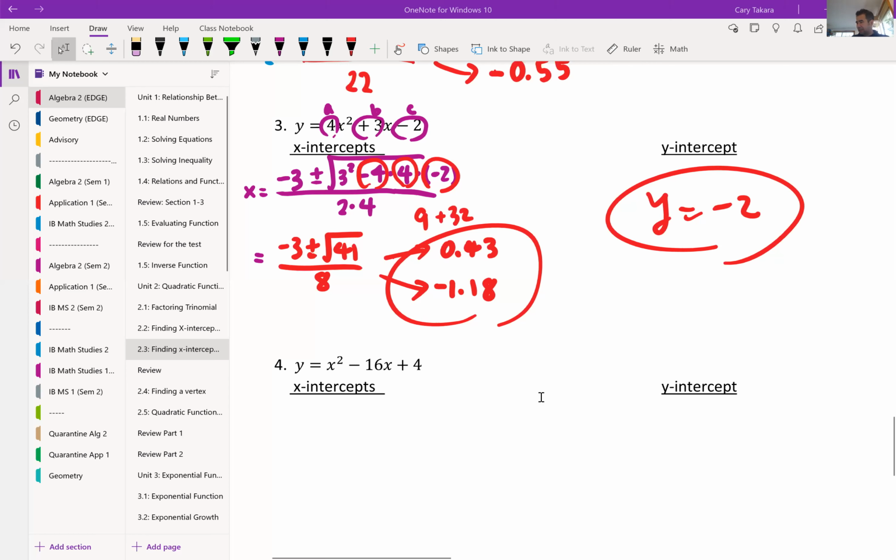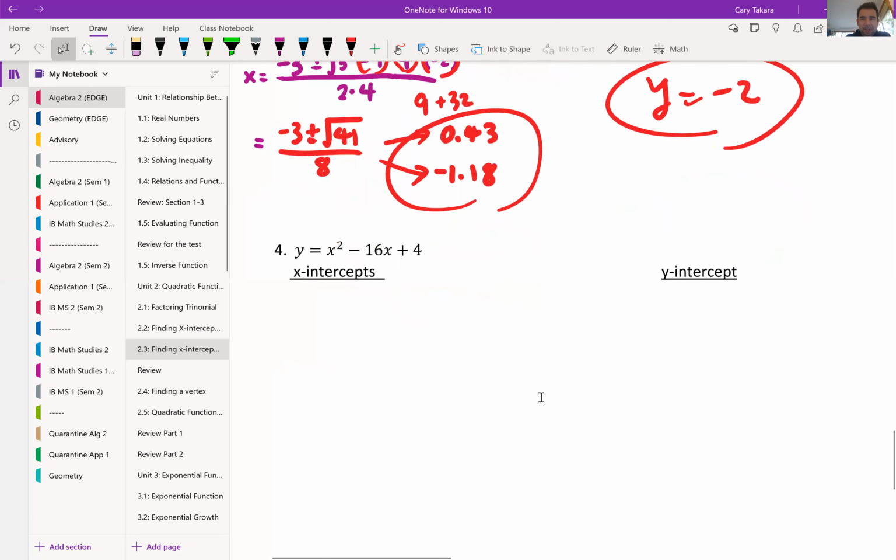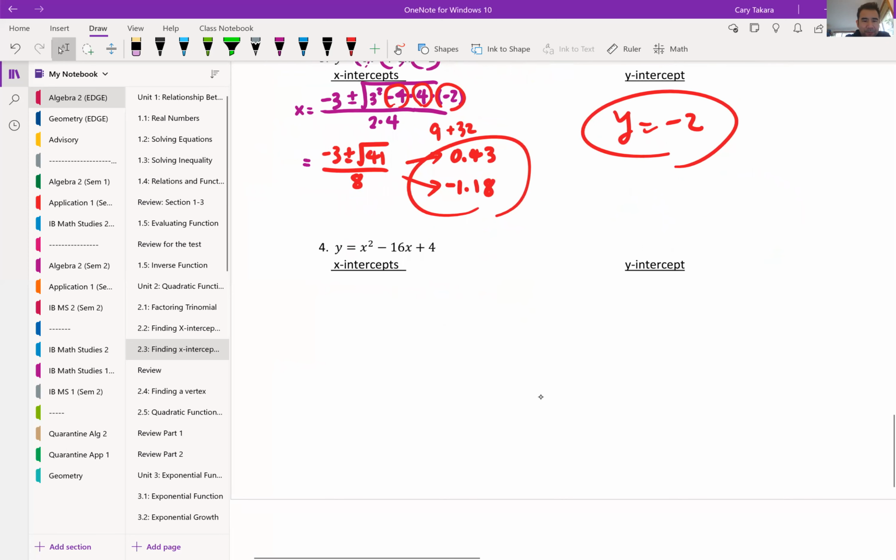All right, so I'm going to get started on this. So first, A is going to be 1, B is negative 16, and C is positive 4.